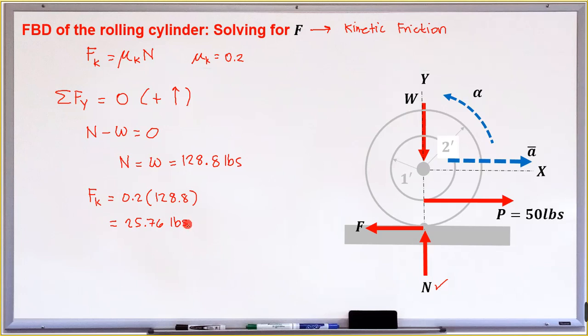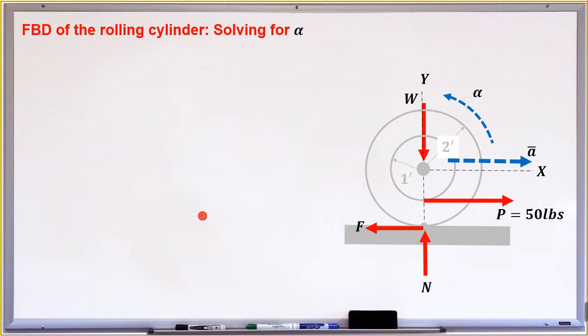So this is the magnitude of the kinetic friction that is being applied by this rolling cylinder as it moves towards the right. So we now have the value of our kinetic friction, or our frictional force, and I think this is the answer for the first requirement. That is equal to 25.76. Next, we're going to solve for alpha.